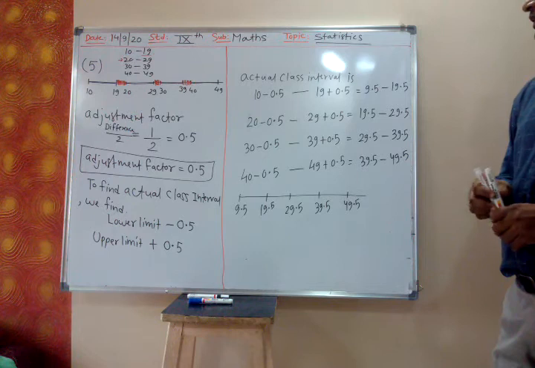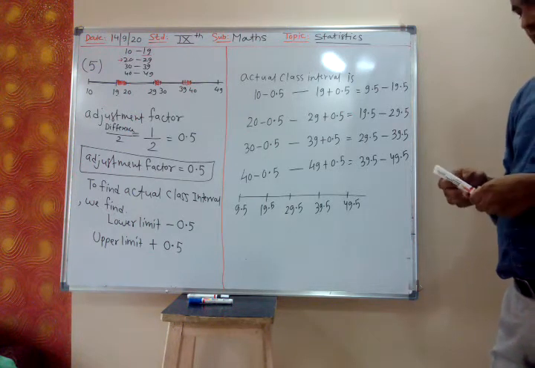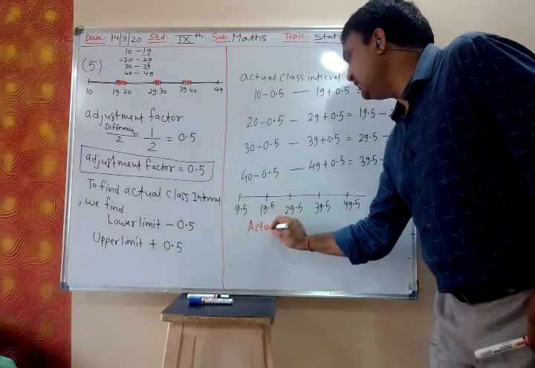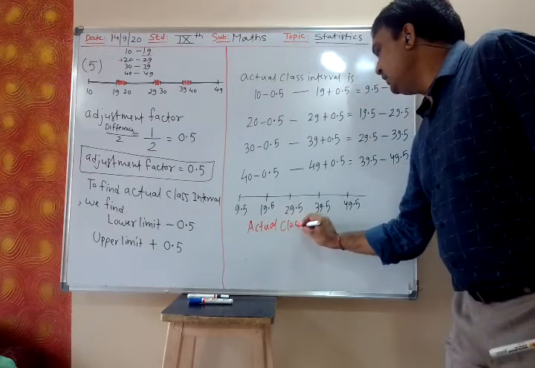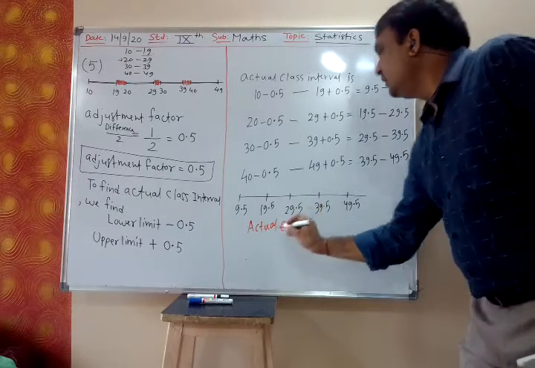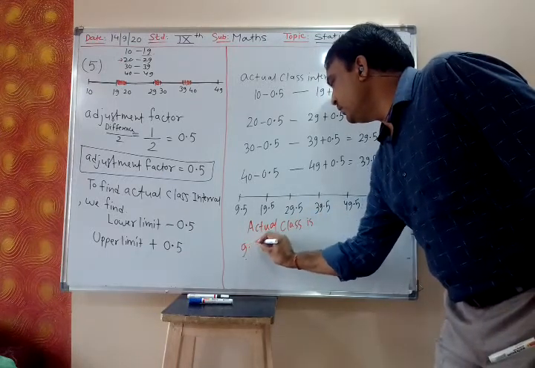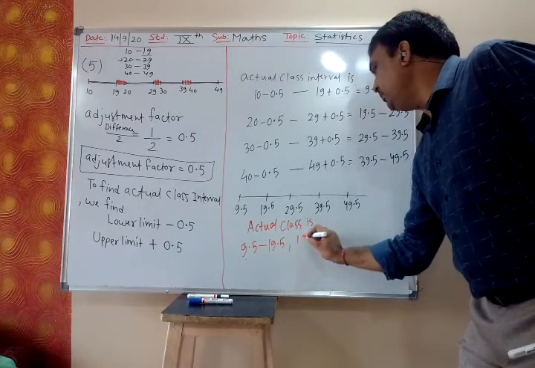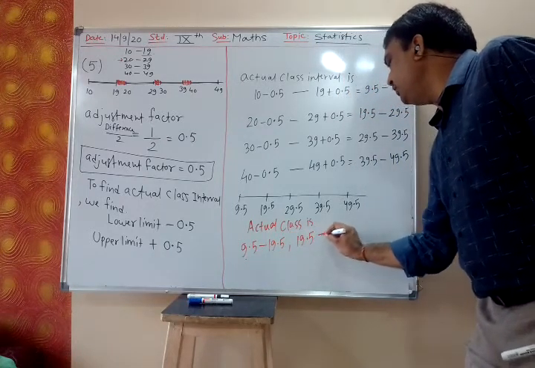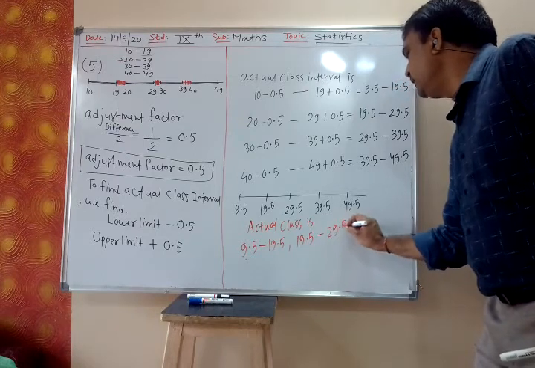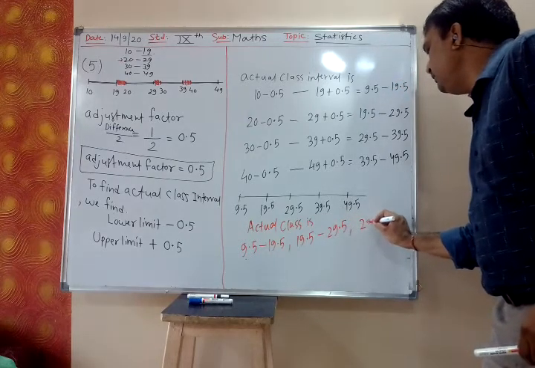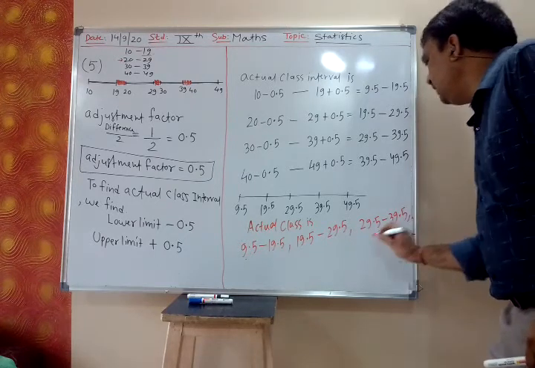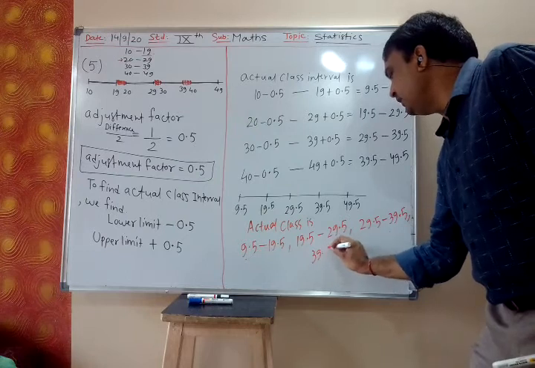So this is my actual class. We write the actual class as 9.5 to 19.5, then 19.5 to 29.5, then 29.5 to 39.5, then 39.5 to 49.5.